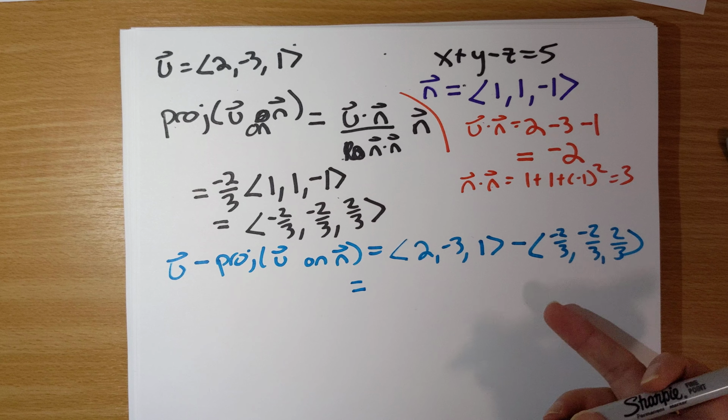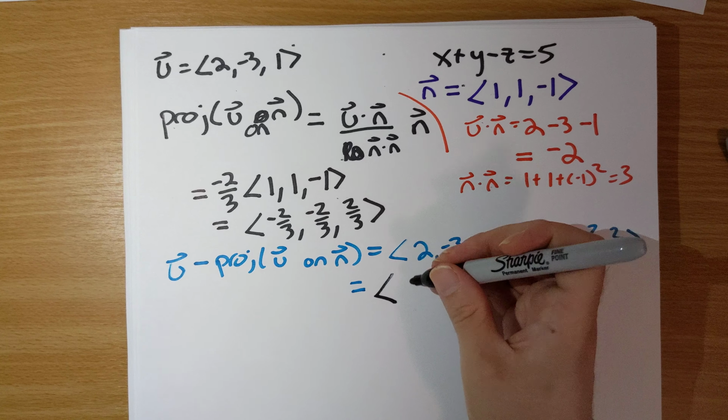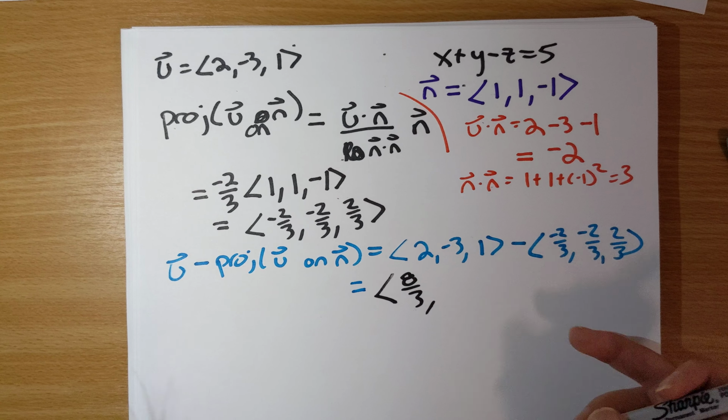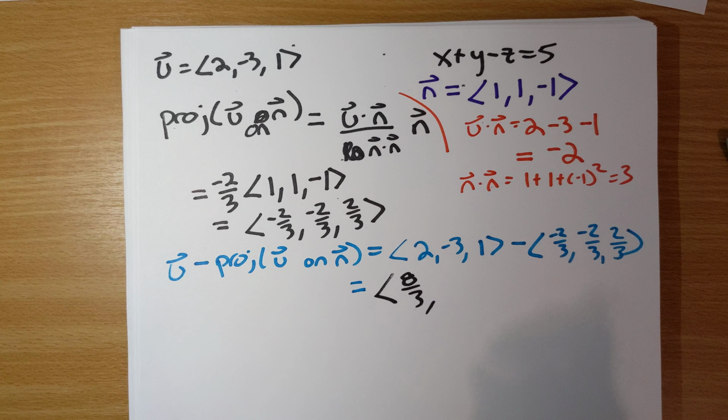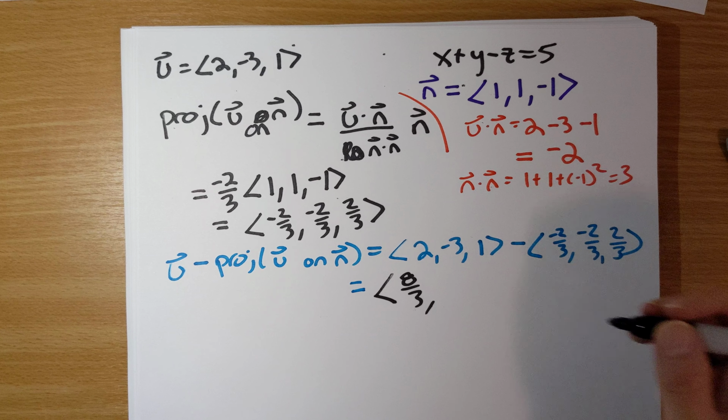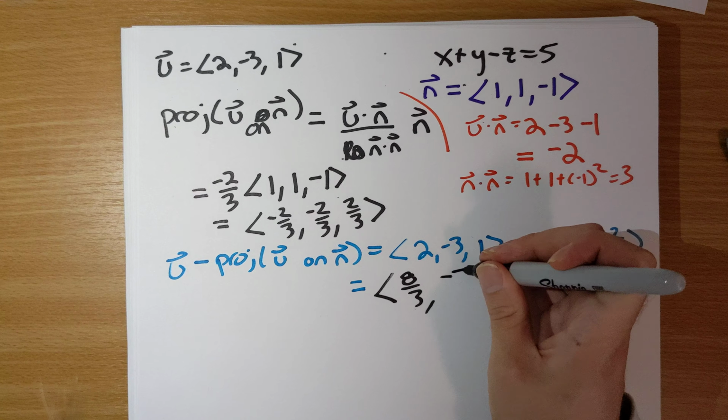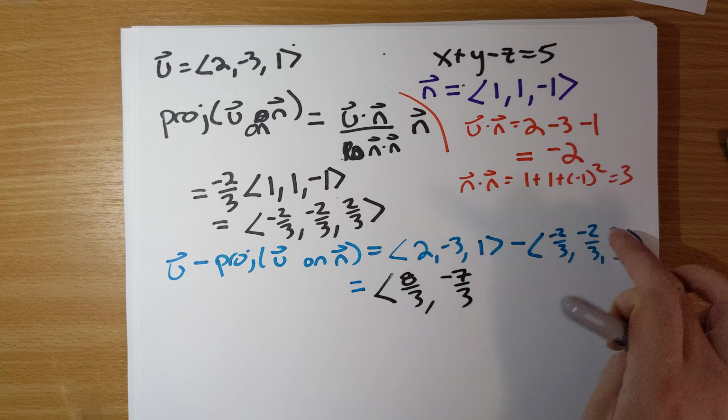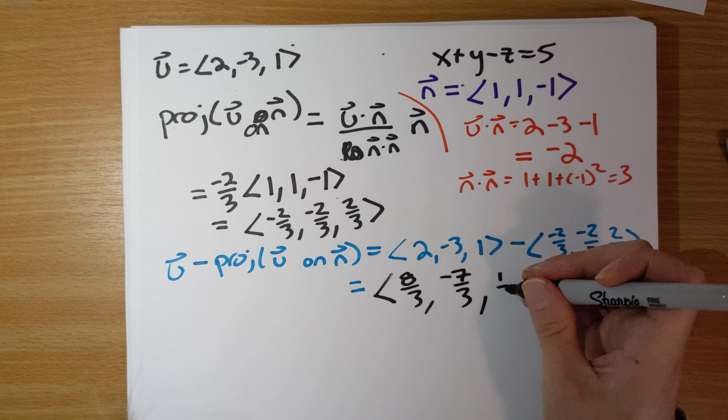And so this is going to be 8/3, negative 3 plus 2/3 will be negative 7/3, and 1 minus 2/3 will be 1/3.